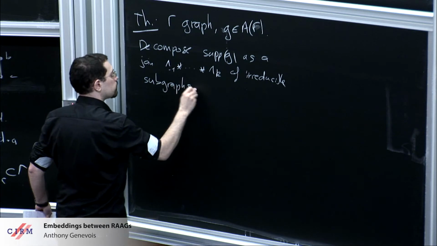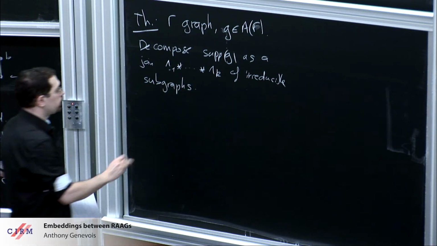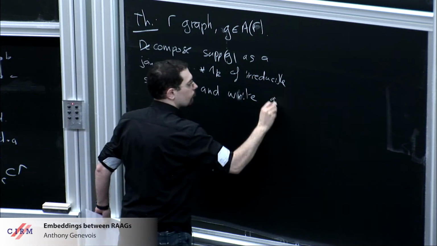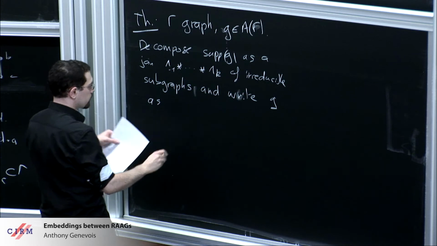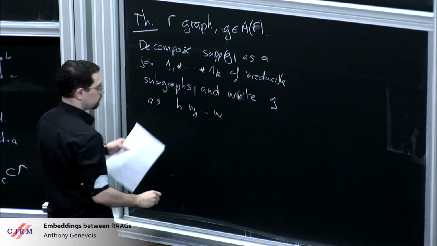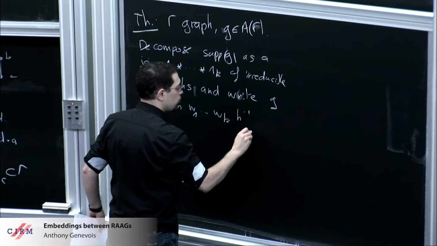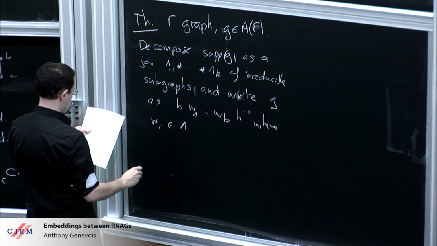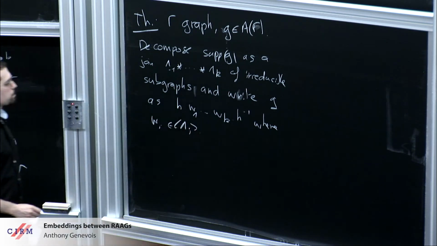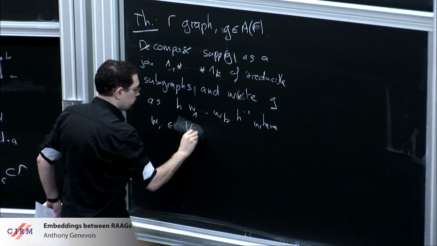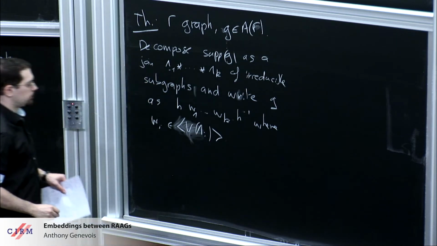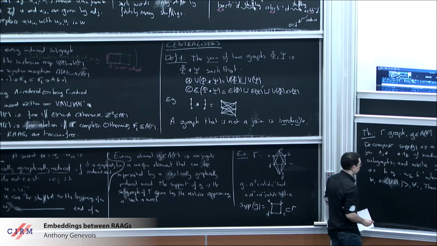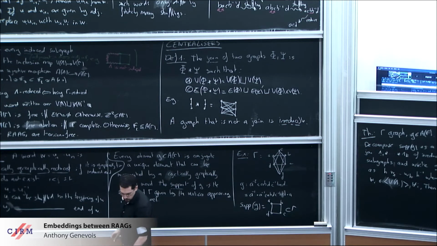Okay, and write G in the following form: H, W1, ..., WK, H minus 1, where Wi is an element of the subgroup generated by the vertices of lambda I, for every I. From such a decomposition, you have a description of the centralizer.